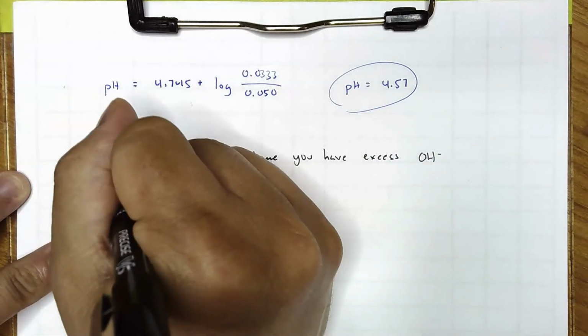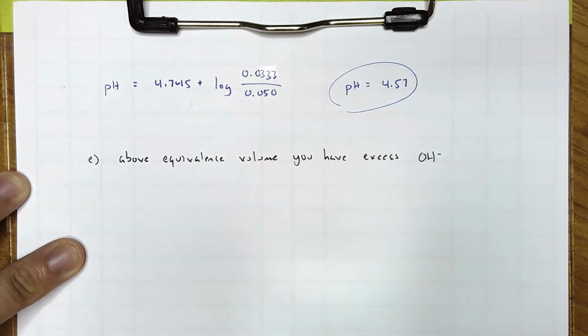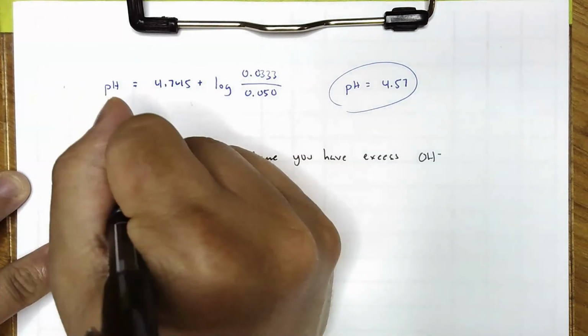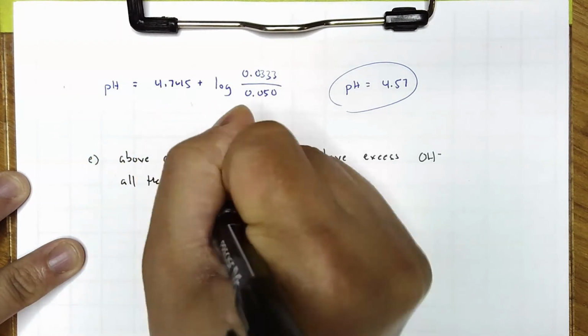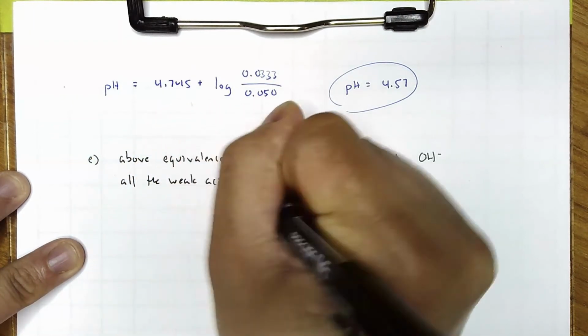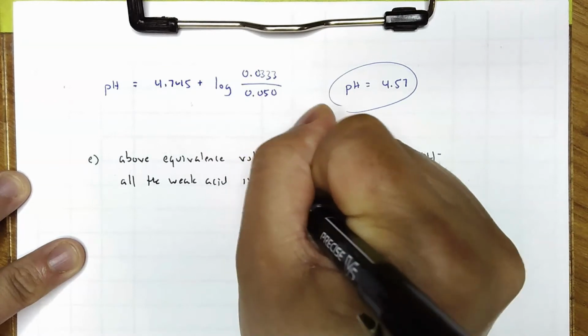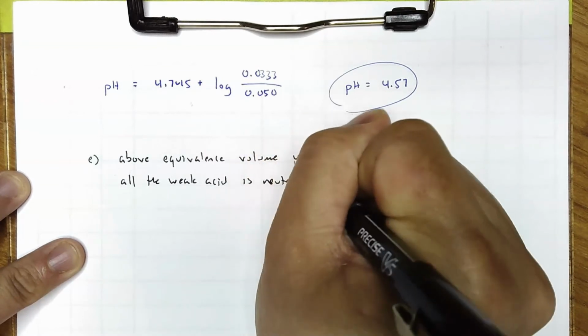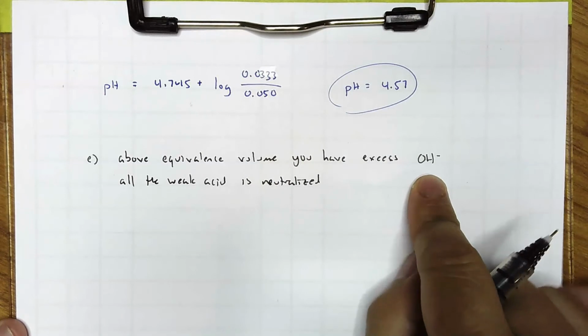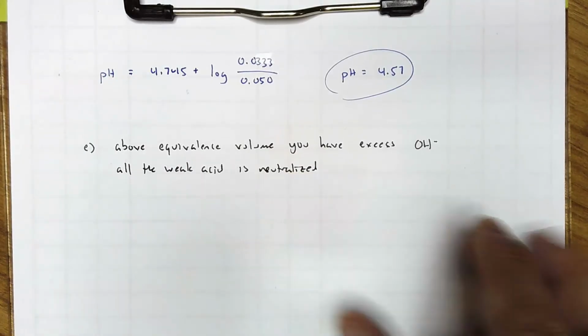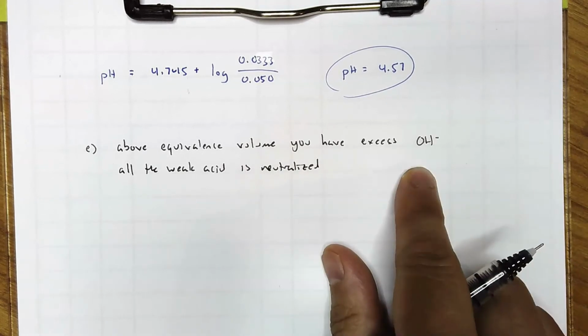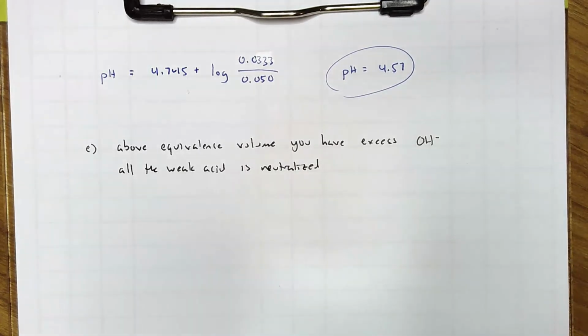All the weak acid has been neutralized because you're above equivalence. All the weak acid is neutralized. If we could figure out how much OH is in the solution after all that weak acid has been neutralized, then we could get pOH, and then we could get pH.